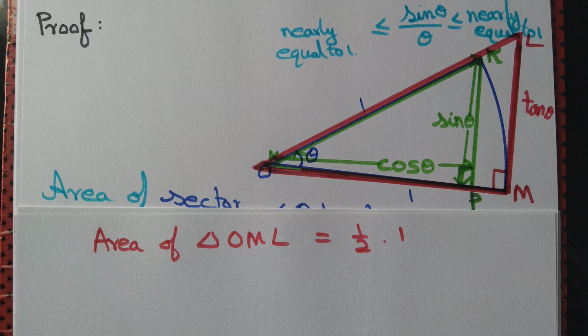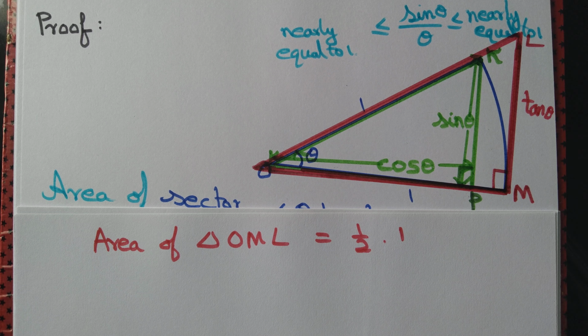Area of sector is exactly equal to theta by 2, and area of sector is definitely less than, it can't be equal to, it's definitely less than the area of right angle triangle OML.